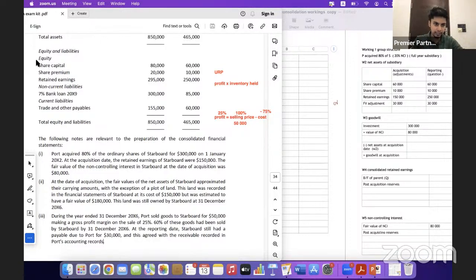Right, now guys, let me also teach you what if it's a markup. Simple. Again, see, if it is a markup, what will happen? Still profit is 25%, if they tell there is a markup of 25. But then what happens? If it's a markup, the cost will become the 100% factor. If it was a margin, the 100% is the selling price and cost is the difference.